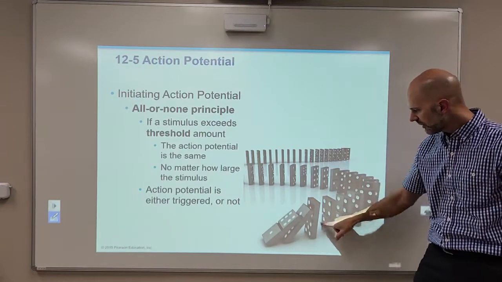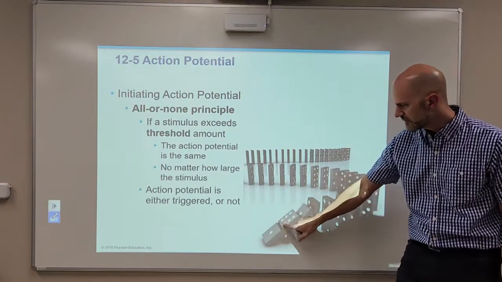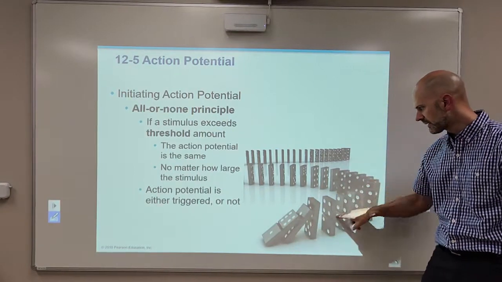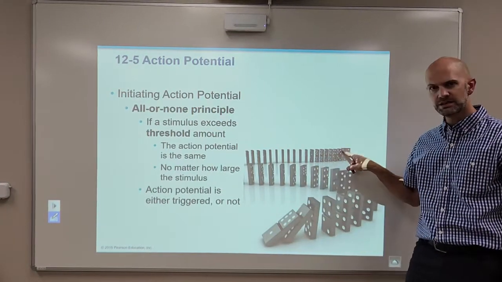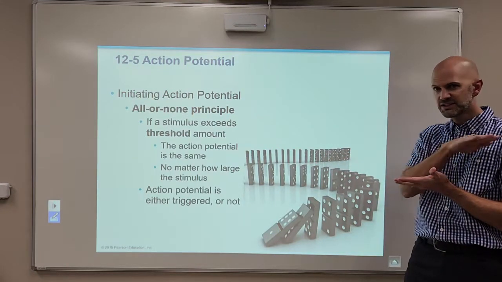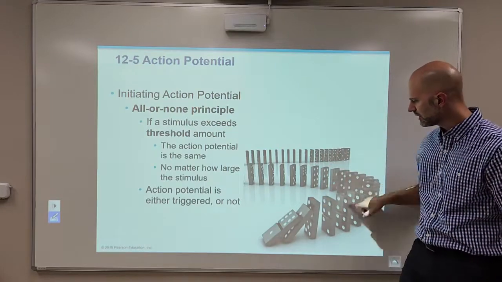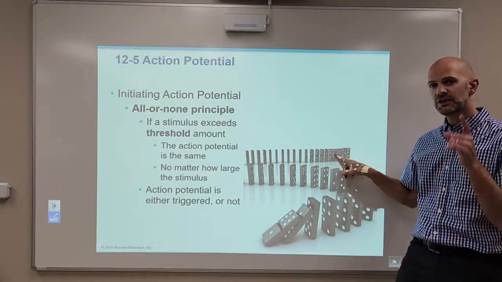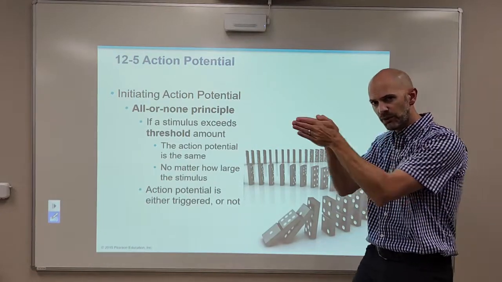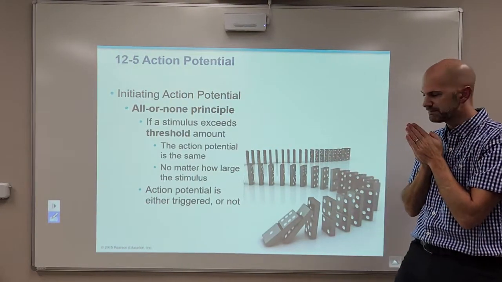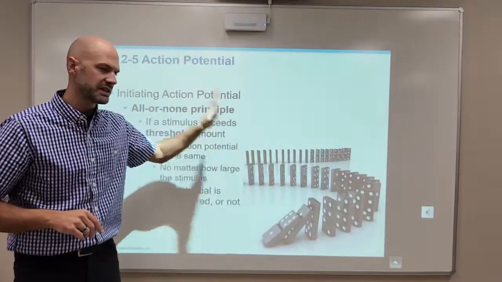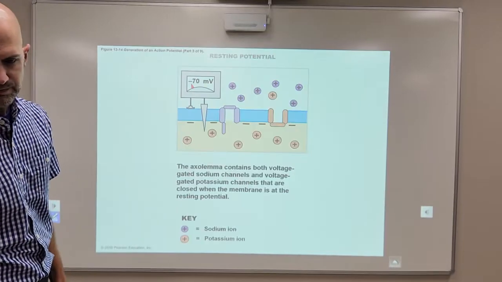So it's an all or none process. As soon as we tip over that first one, if we initiate depolarization here, it's going to go all the way to the end. It's not going to grow, it's not going to diminish like graded potentials. It stays the same force all the way through. And it also goes in one direction, only one way, down the axon. This is what you think about: the dominoes falling over is action potentials.